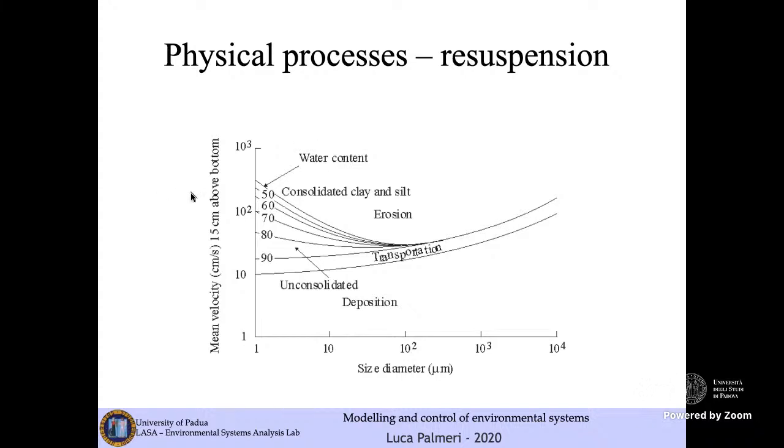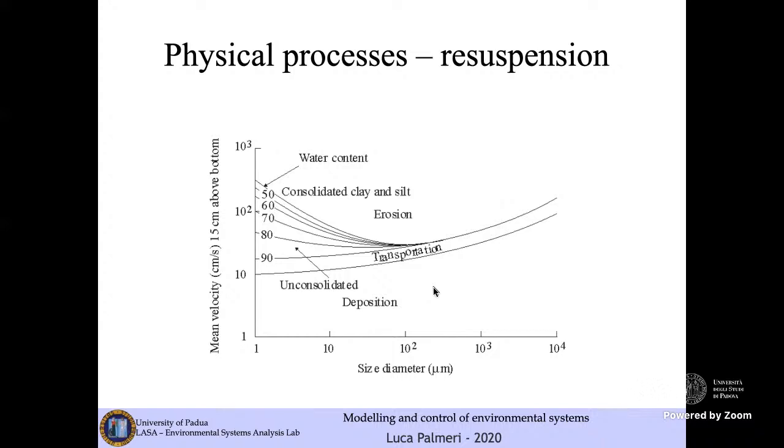So we may find empirical relationships that describe how winds generate speeds at 15 centimeters above the bottom, and how this movement of water 15 centimeters above the bottom causes resuspension.